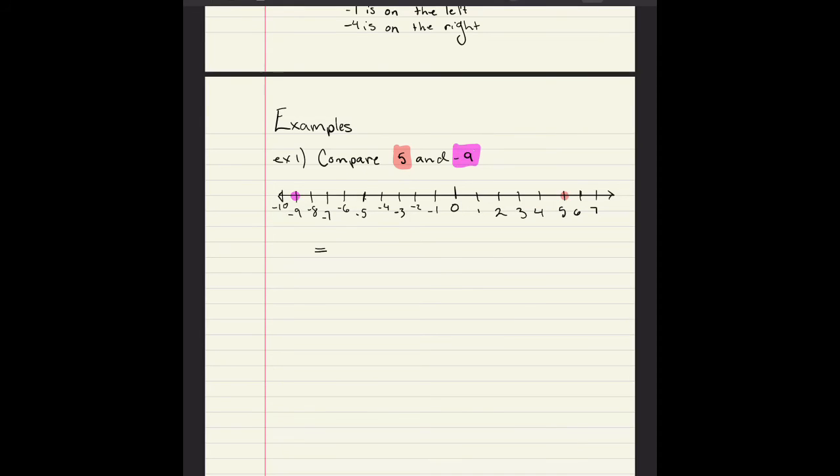So therefore, 5 is on the right, -9 is on the left, therefore 5 is greater than -9.